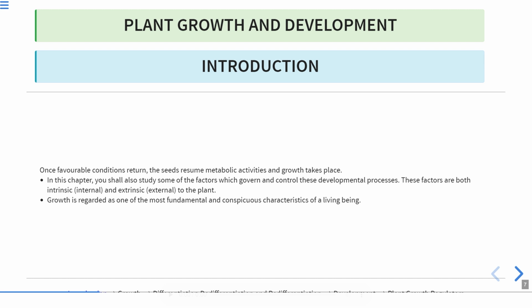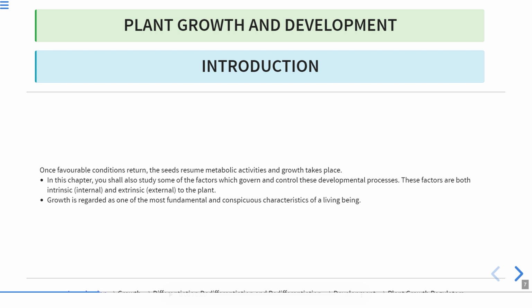Once the favorable conditions return, the seeds resume their metabolic activities and growth takes place. So we see that this resting stage, or dormant stage, is not for a long duration of time. Once the favorable condition is available to the seeds, the seed resumes its metabolic activities.